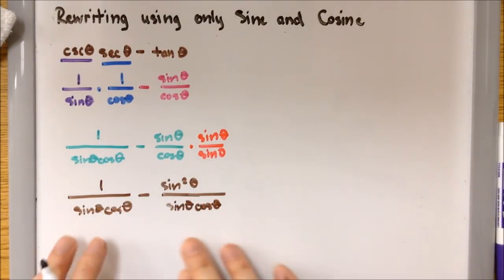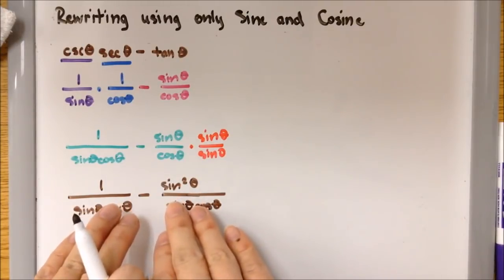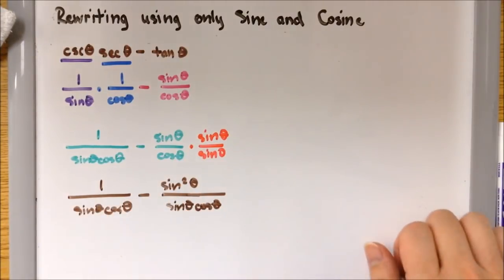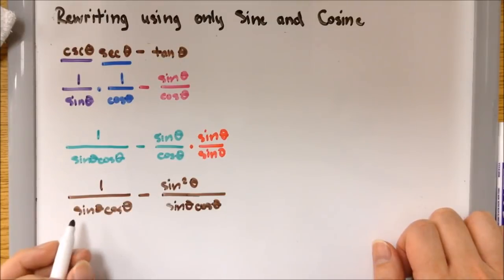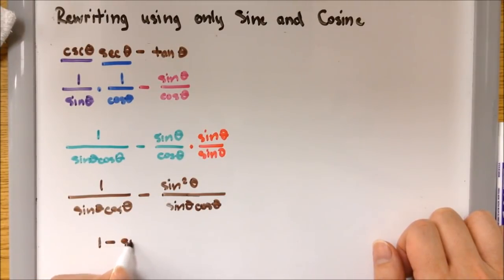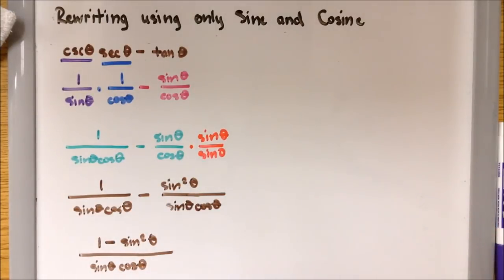Now they have the same denominator, I can combine the numerators. So 1 minus sine squared theta. I'm going to write it as one fraction: 1 minus sine squared theta over sine theta cosine theta. Now here we're not finished.